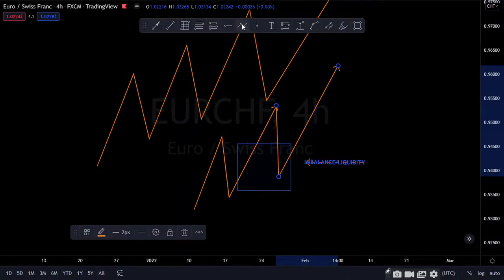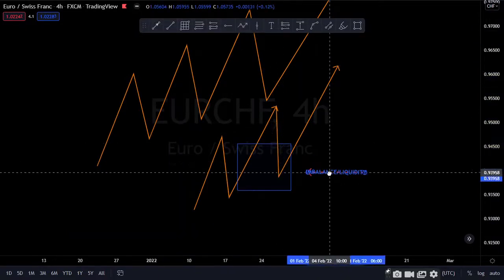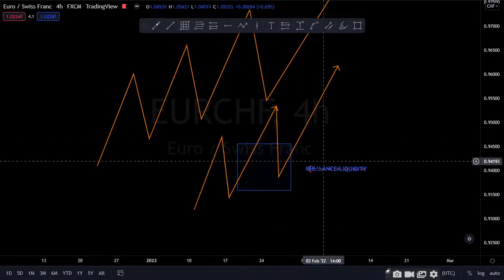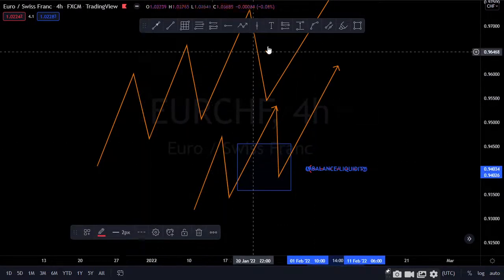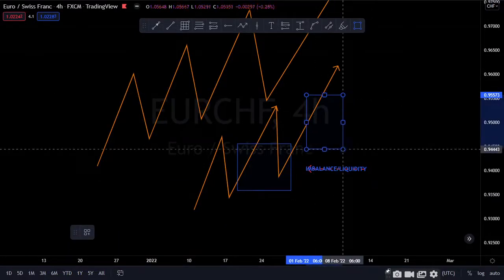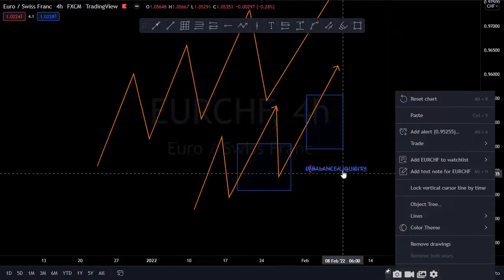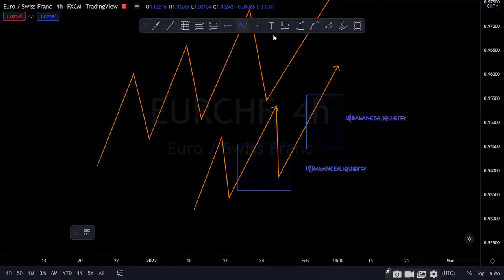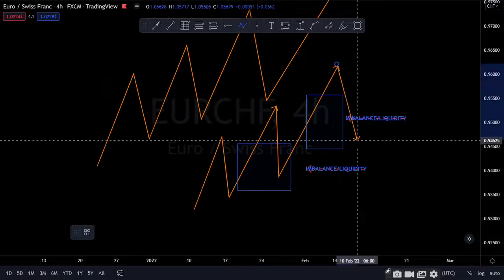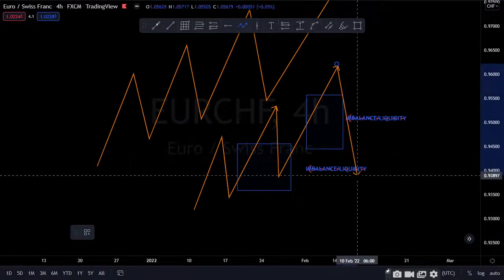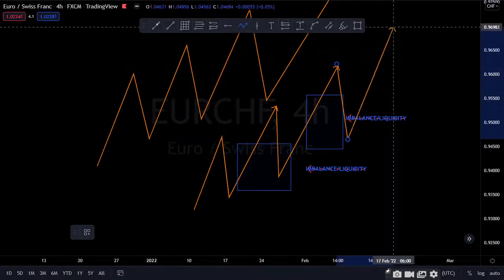So here, it creates another imbalance, here it creates another imbalance. The market will create another imbalance here, so it needs to come down and then fill it again. Sometimes it fills all, sometimes it fills half and goes up.